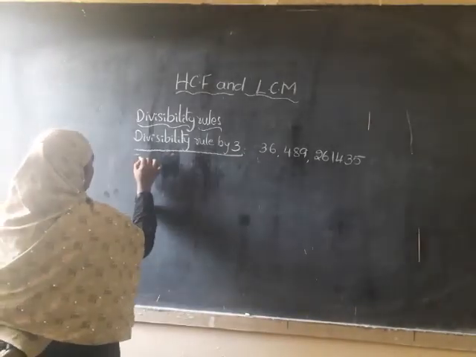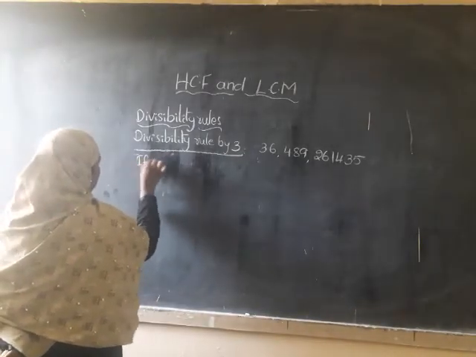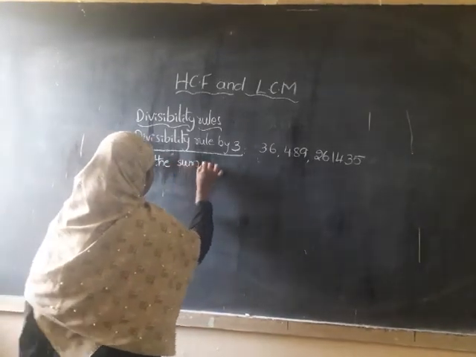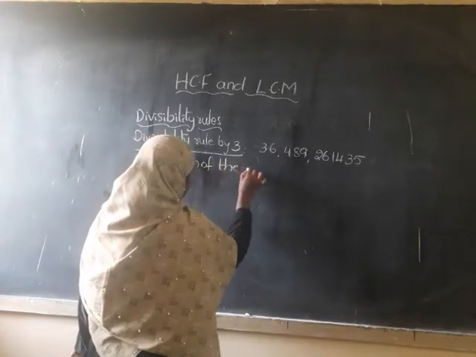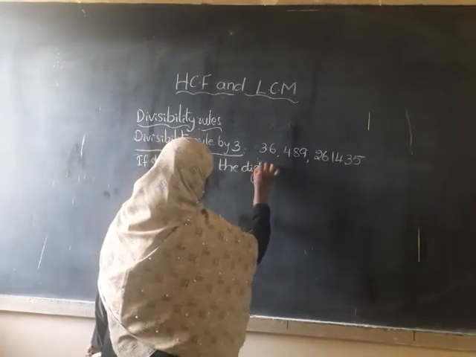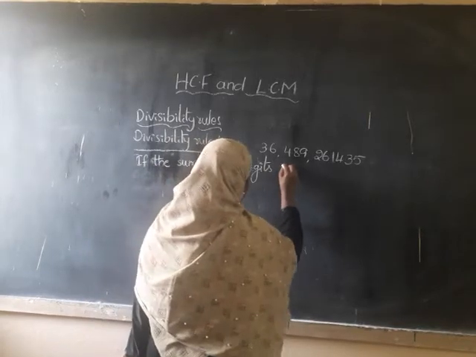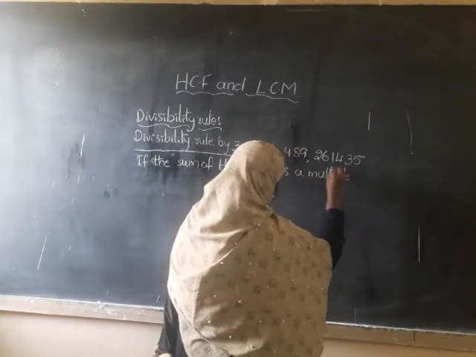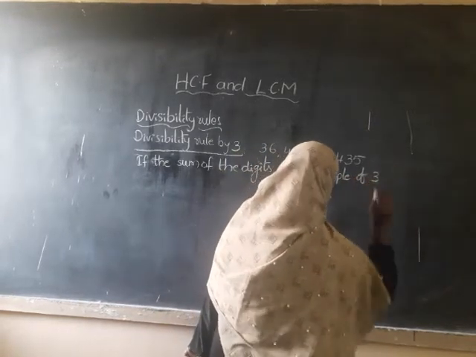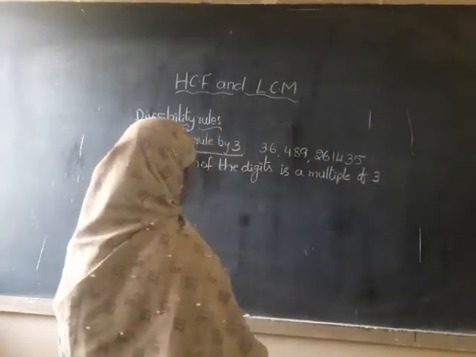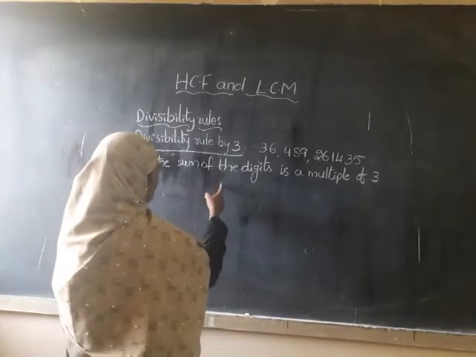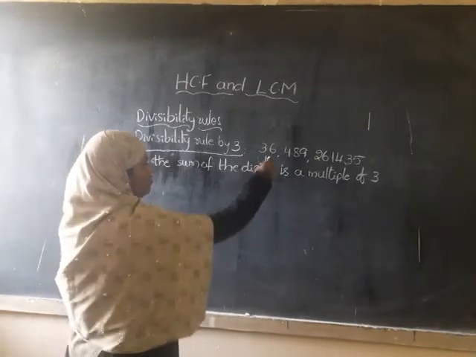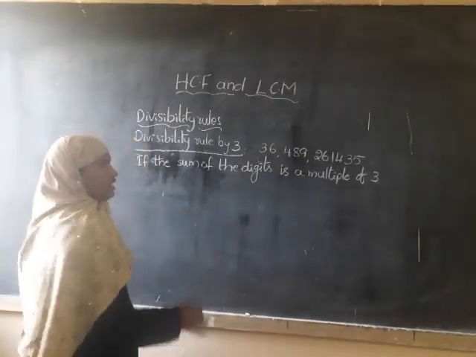If the sum of the digits is a multiple of 3, then the given number is completely divisible by 3.